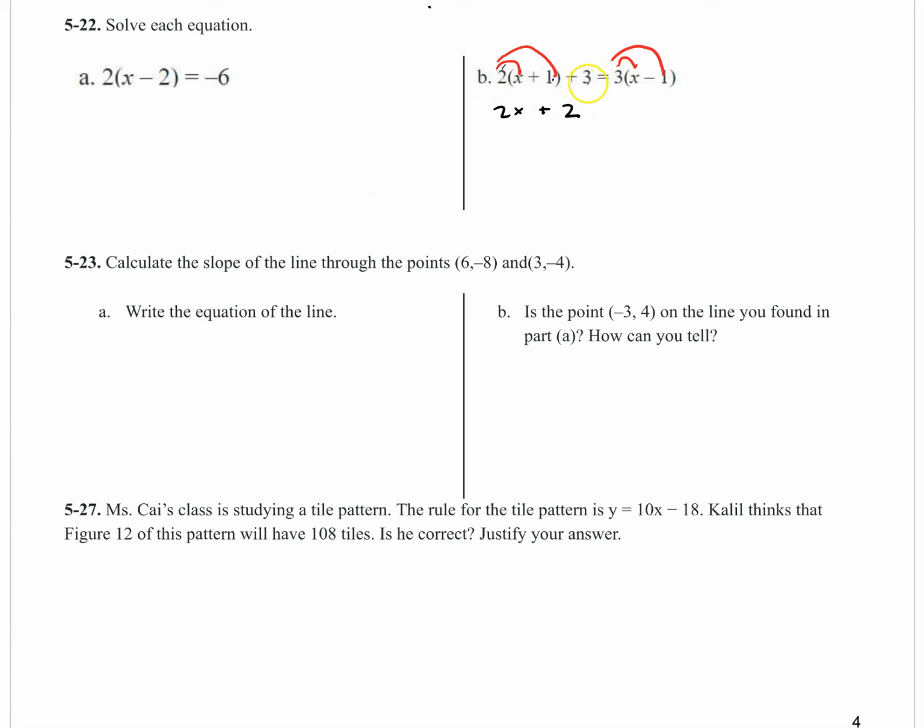And then keep going from left to right, we have a plus 3 next. Then we have an equal sign, then we distribute again. 3 times x, that's 3x, minus 3 times 1, 3. Don't forget to combine like terms.